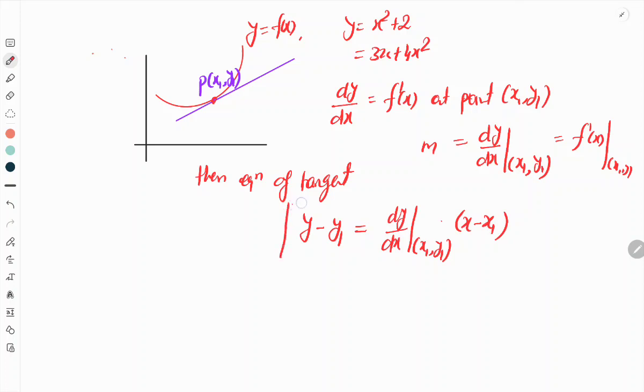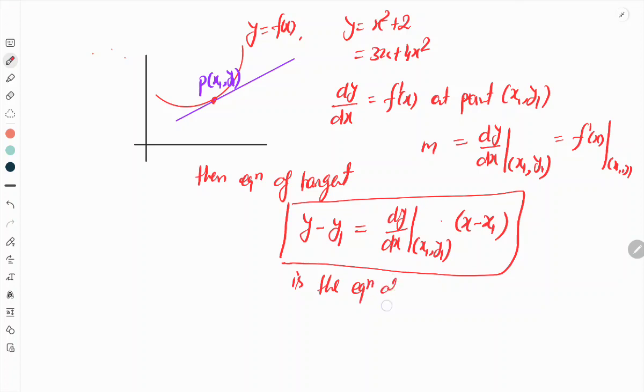So y minus y1 is equal to m, the slope, into (x minus x1), is the equation of the tangent at a point (x1, y1). Is it clear to you all? I hope it is clear.